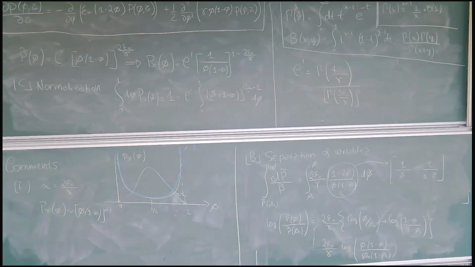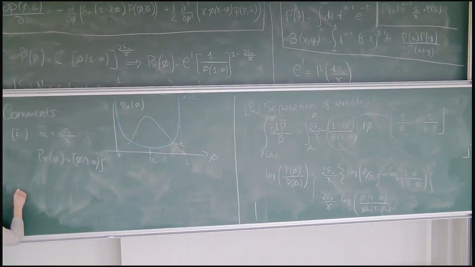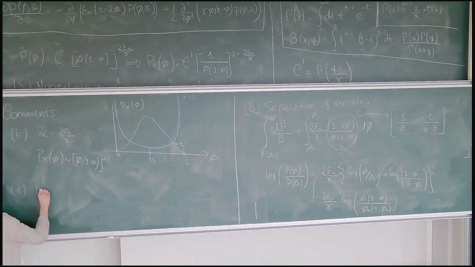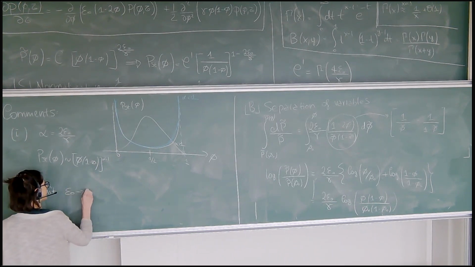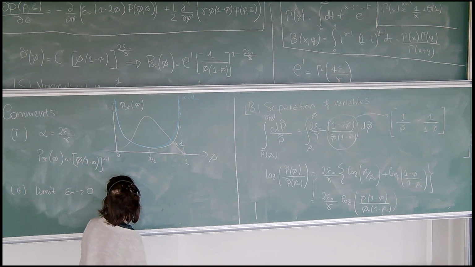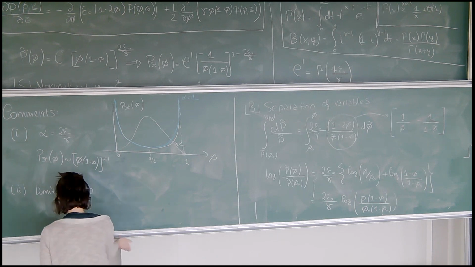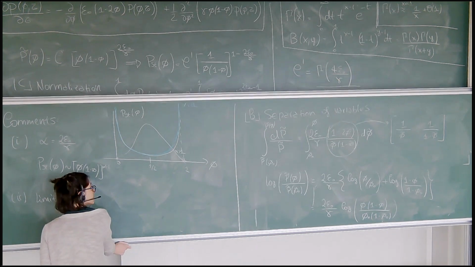And with all of the expressions that we derived, you can even ask what happens in the limit. So this is the second comment. You can now take the limit epsilon going to 0. And in this limit, alpha is going to 0.